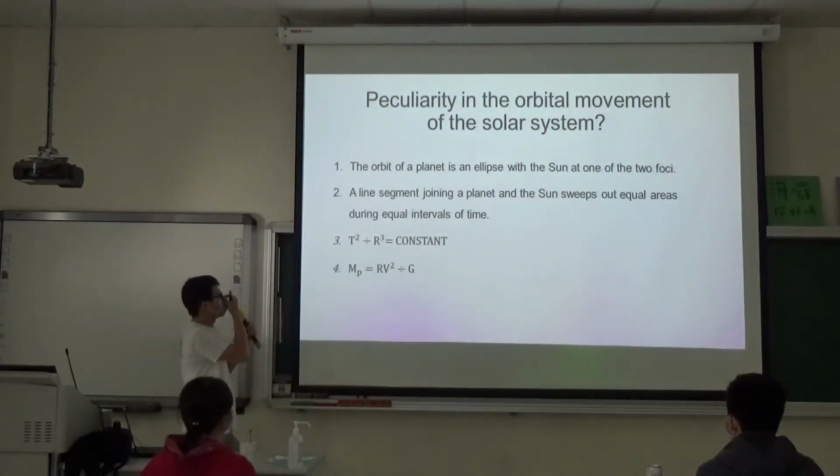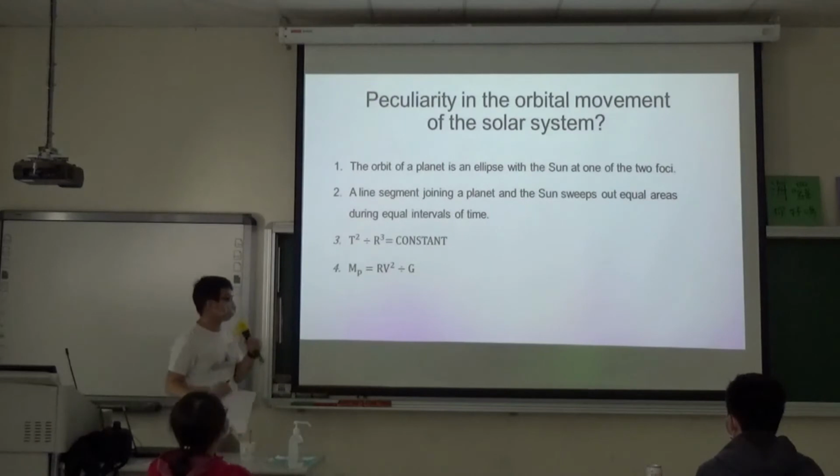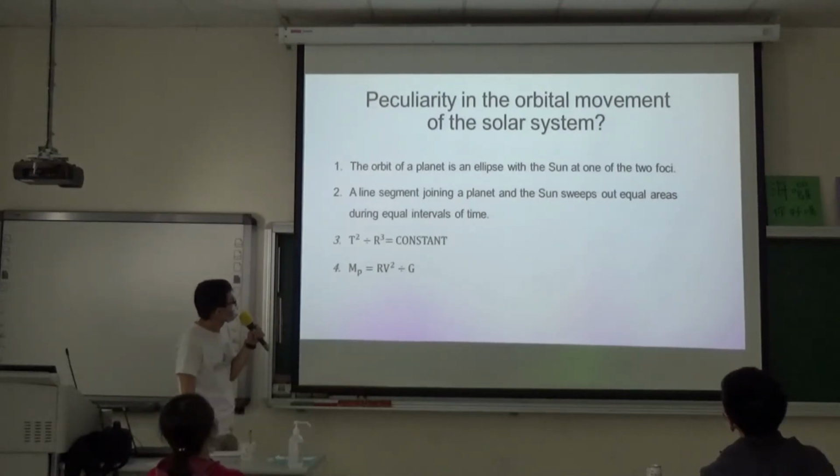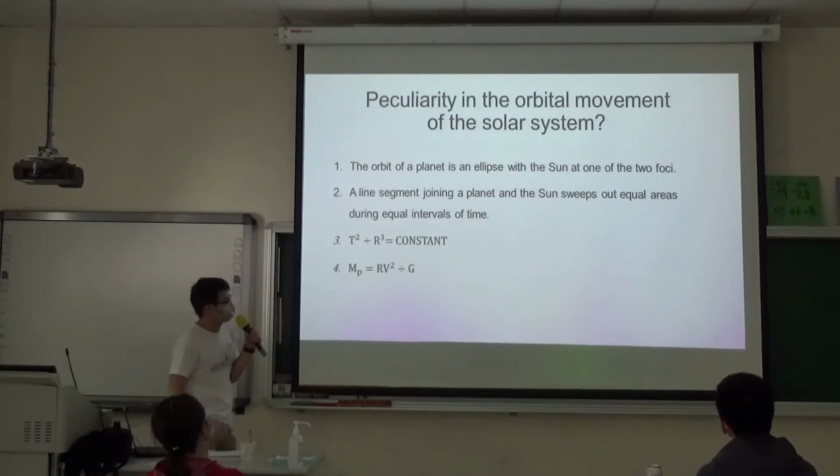The first one is the three laws of Kepler. The first one is the orbit of the planet is an ellipse with the sun at one of the two foci. The second one is the equal area law.